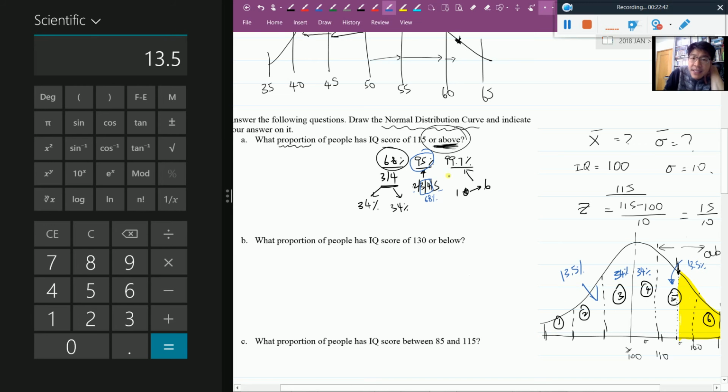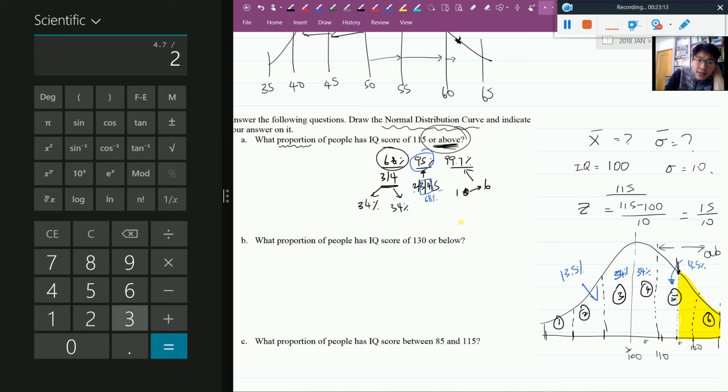1 and 6 would be 99.7, take away 95. And 1 and 6 is going to split 4.7 between each other. So 4.6 contributes to 1 and 6.